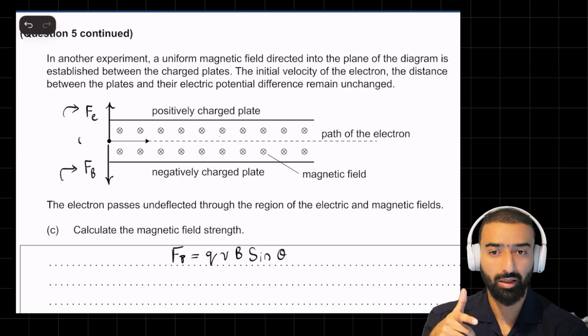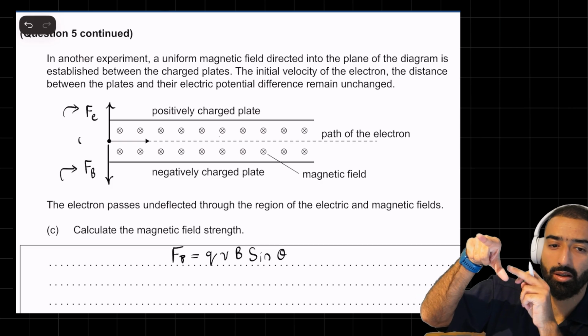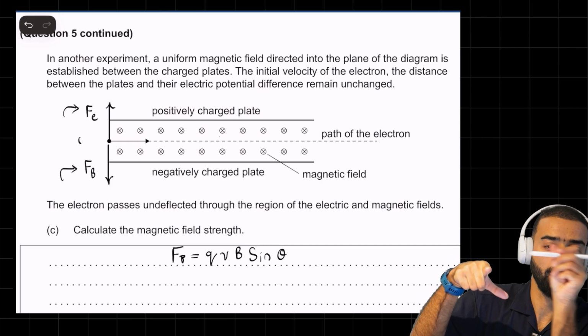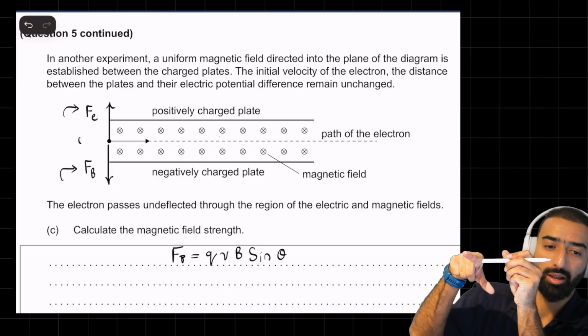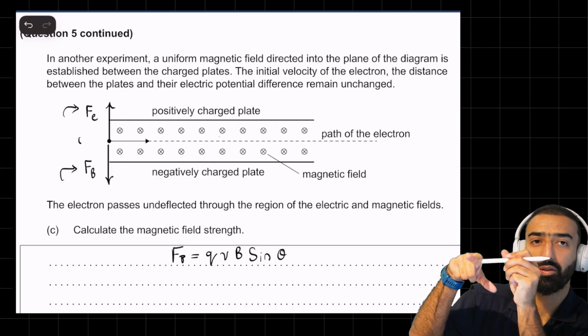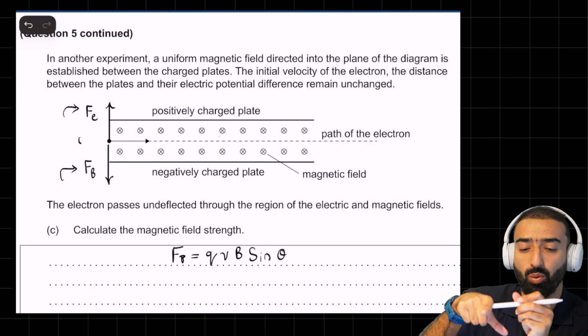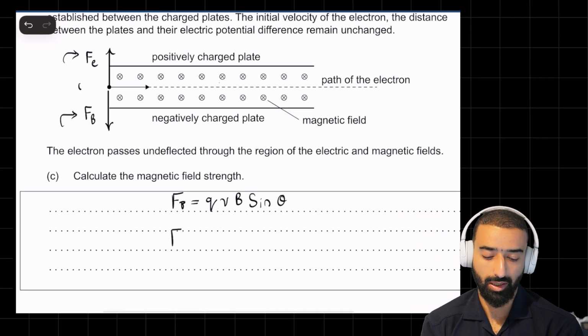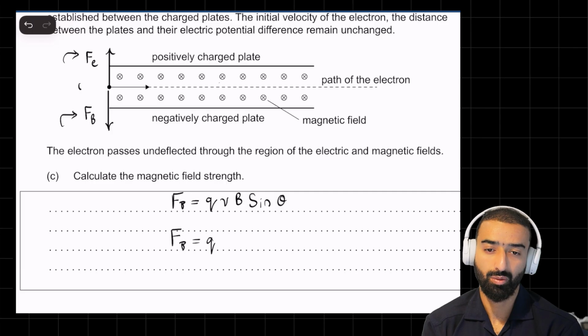What's theta in this case? Well, if this arrow points into the screen, the velocity vector points rightwards. The angle between them is 90 degrees. So if theta is 90, sine 90 is 1. Therefore, this equation simplifies to the magnetic force is QVB.